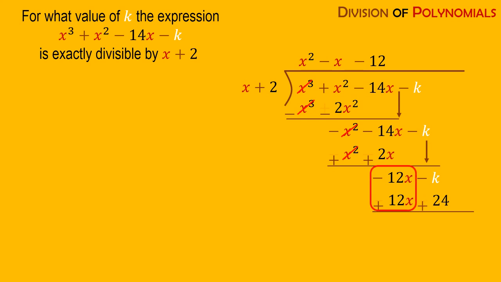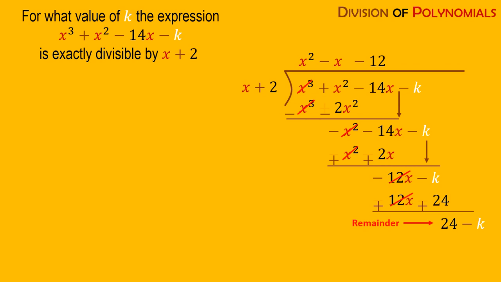So the first terms are cancelled out, and we are left with the remaining terms, which you can see are not like terms, because k is a variable and unknown and 24 is a numerical value. We cannot combine them, so we are just copying them down like this. So 24 minus k. So this is our remainder. Now we do not have anything to divide with, so it has become our remainder.